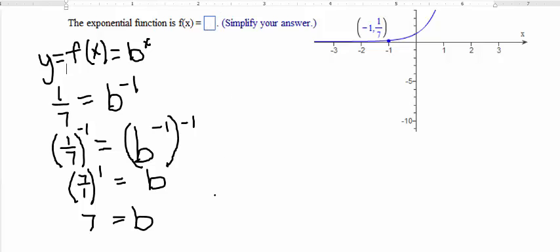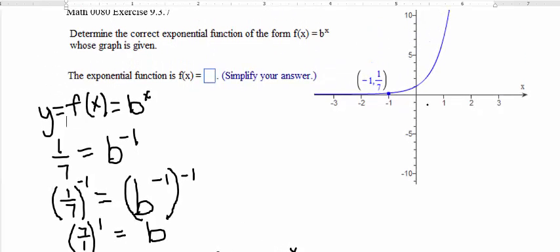So my exponential function, f of x, is 7 to the x. And notice that if I come over here to 1, I see that when x is 1, y is 7.